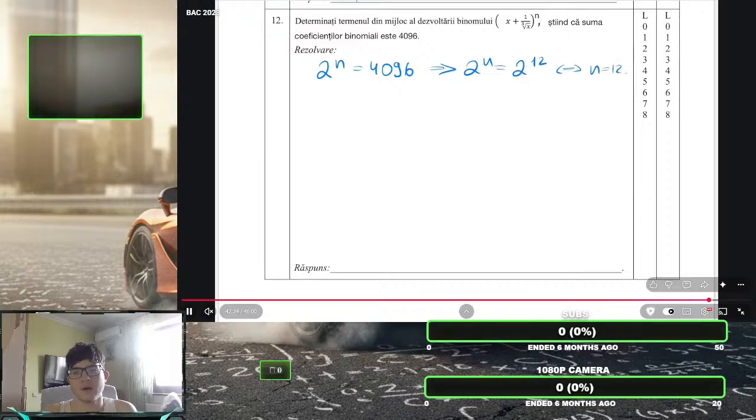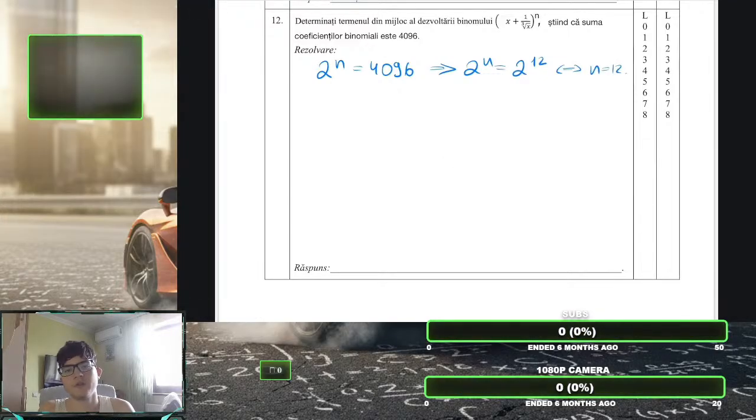So n is 12. And now you just plug this into the general formula and solve from there to find k. But here you don't work like before, where you take the power of x and equate it to 0. You don't work like that here.